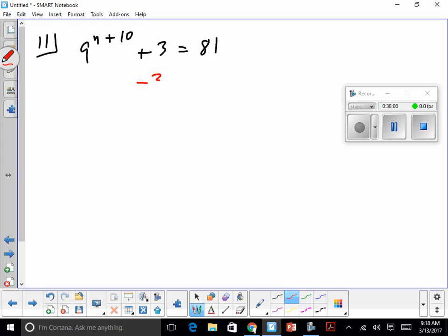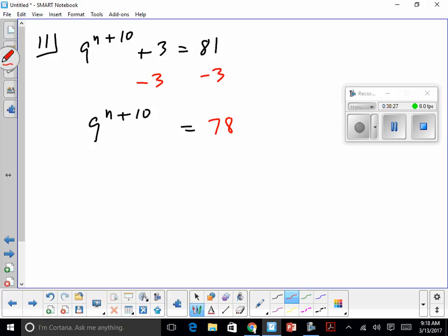What's 81 take away 3, please? 78. Close, close, close. Can someone help what we're going to do next to get this n down? Stuff that's floating in the sky, we know it's called an exponent.